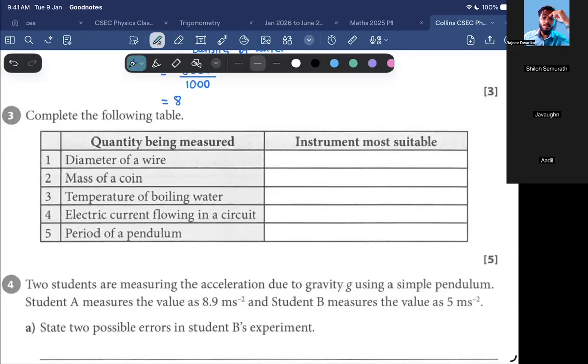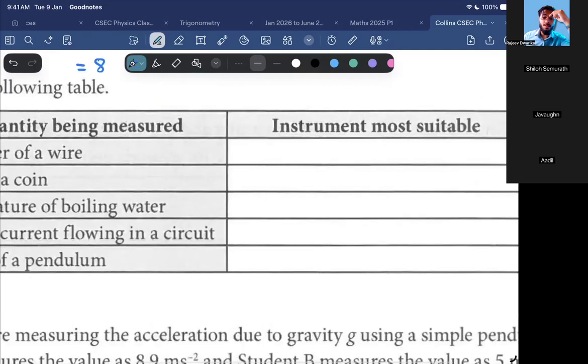Tell me, guys. Micrometer. Well, it was never really specific. I don't know how thin the wire is, but generally speaking, since it wasn't very specific, we could use either a vernier caliper or micrometer screw gauge. But I would use the screw gauge.